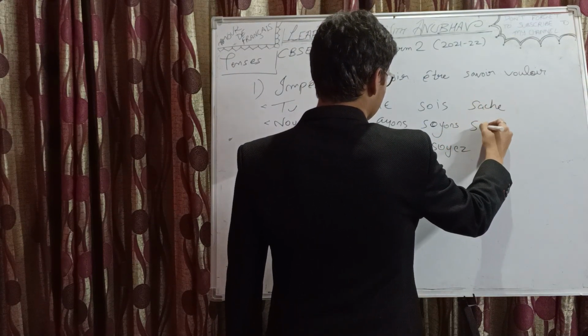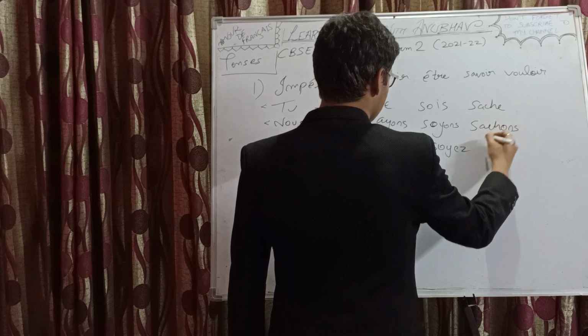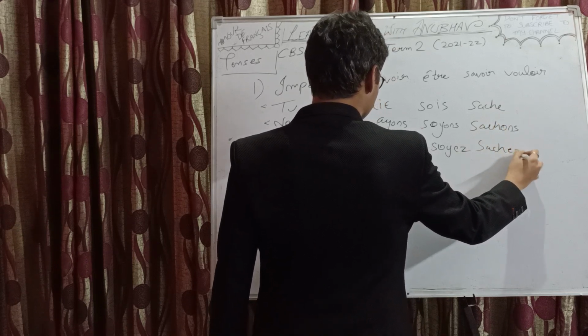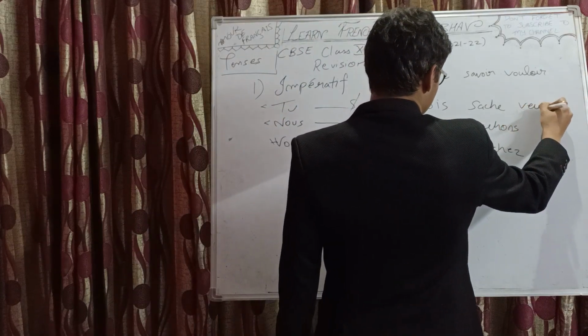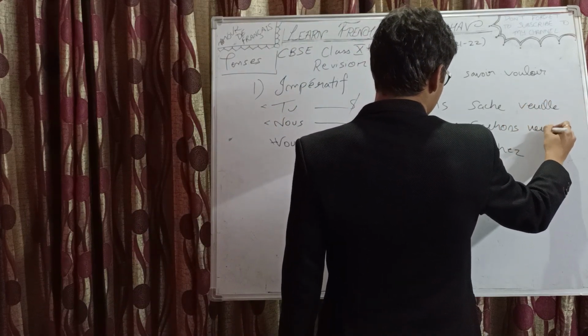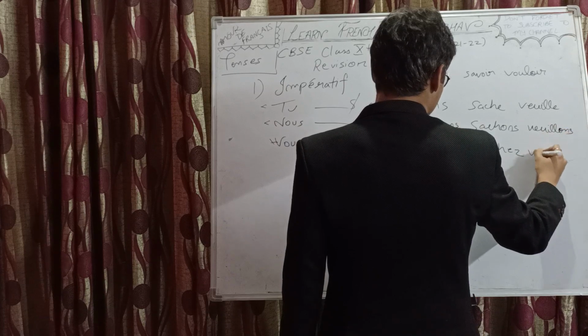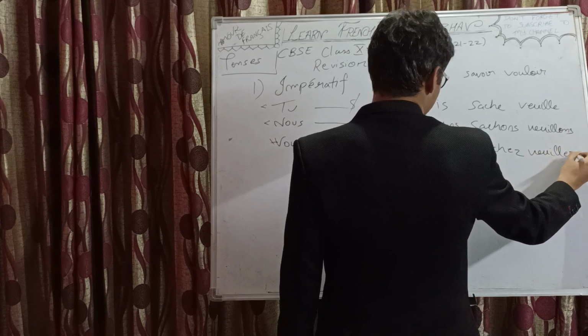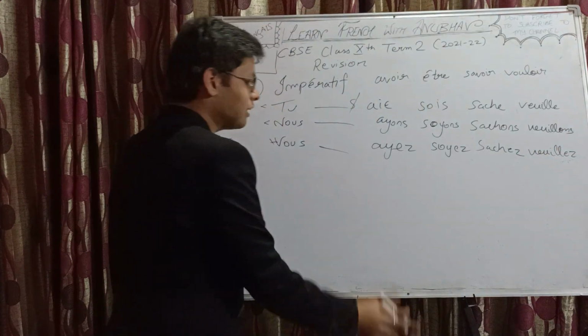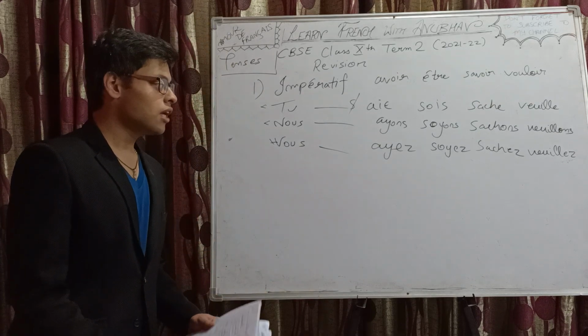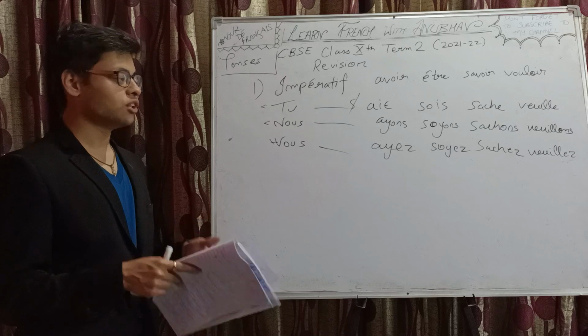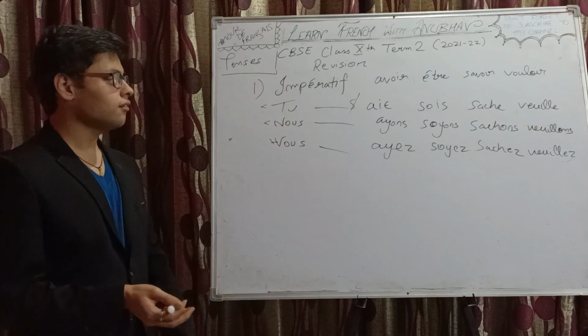Sache, sachons, sachez. And lastly, veuille, voulons, voulez. So these are your exceptions, and this is your imperative used to give orders or advice. Subject is not there, exclamation mark is there. Fine.